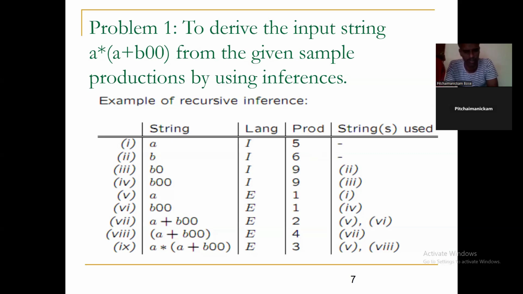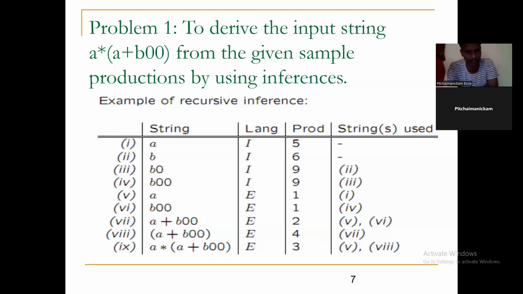We have to collect the different set of input strings and combine them together so that it leads to one terminal or one variable, and that is W. So we categorize into three different columns: possible strings, language, and production. So the first one is A.